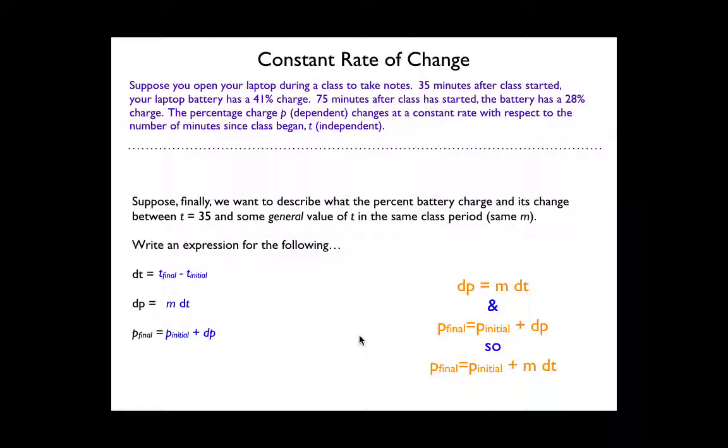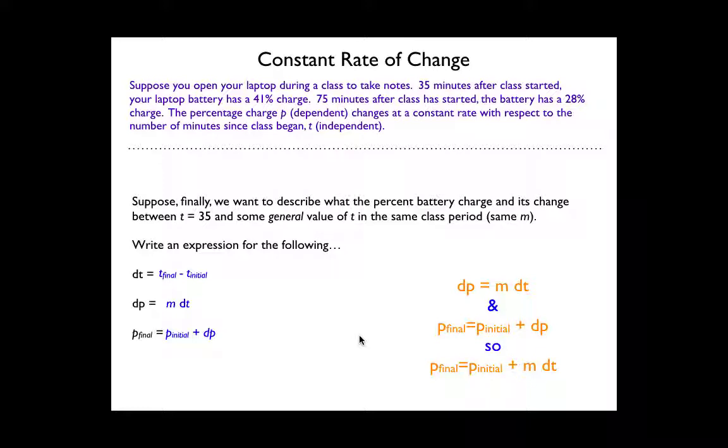Since we don't have a final percent charge for a general t, we just have one for the end of class at 75 minutes, we don't want to just say the final was 28% at the end, because that doesn't apply to any t, that only applies to t equals 75.